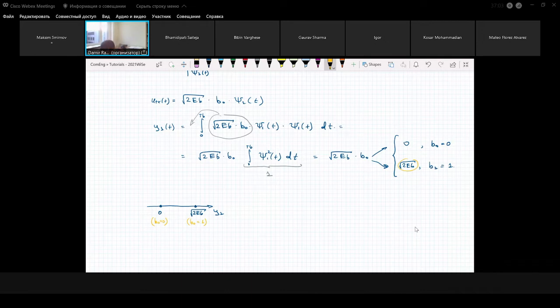We just take the value in the middle. For this example, I can simply write the maximum value divided by 2, and the result is the square root of EB over 2. This is the value of the threshold.